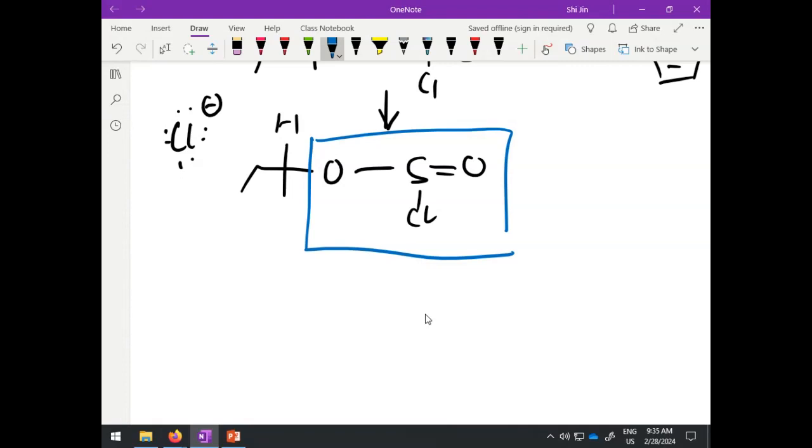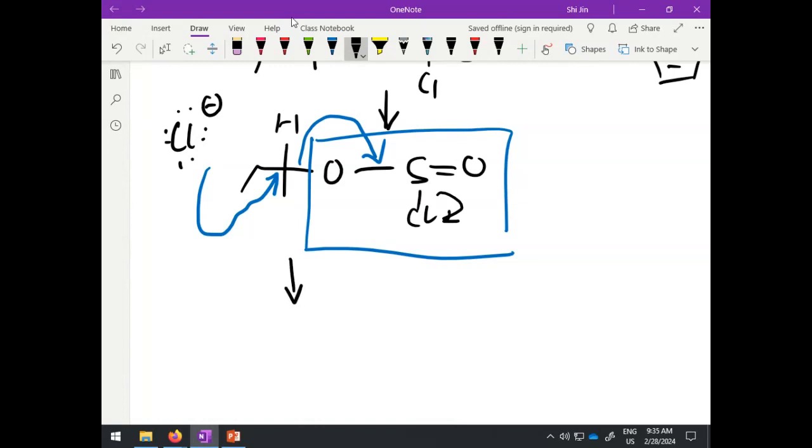This whole thing is a very good leaving group, just like tosylate. So the chloride can attack this electrophilic carbon from the opposite side of the leaving group, and this leaves, becoming SO2 and chloride.